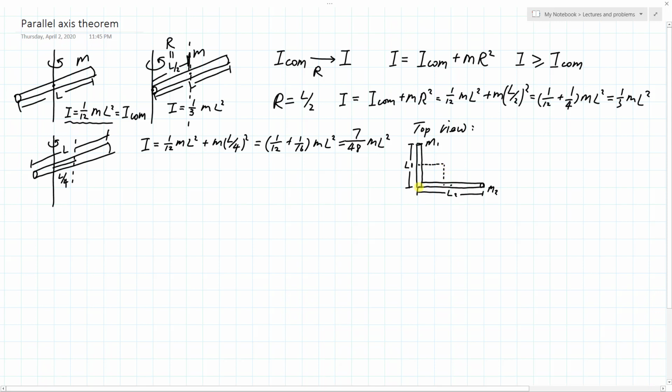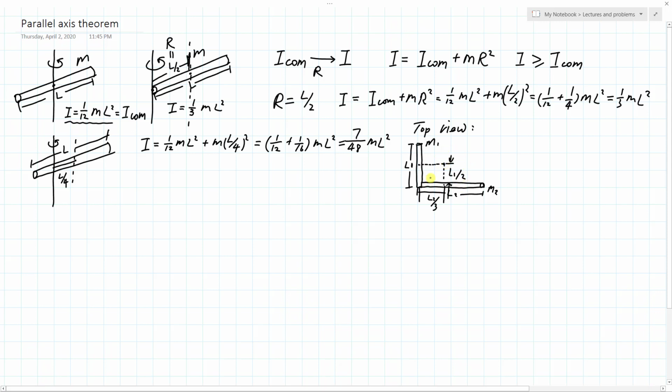And let's set this to be the origin, so we can get this location here, this distance. Let's draw this out. L2/3, and this distance L1/2. Okay, so this shape around that center of mass.